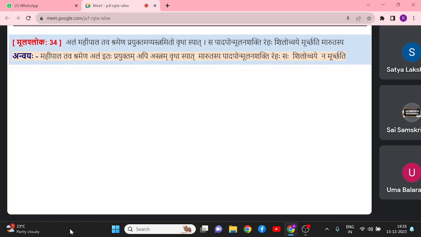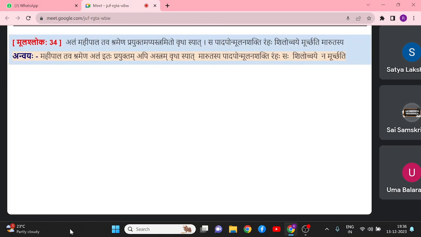Hey Mahipala, hey Rajan. This is a Sambodhana. O ruler of the earth, Tava Shramena Alam. Stop your efforts. Stop your attempts to kill me. Here, Alam governs the Tritiya Vibhakti because it is in the prohibitive sense. It is saying stop. So it governs the Tritiya. Therefore, Shramena.